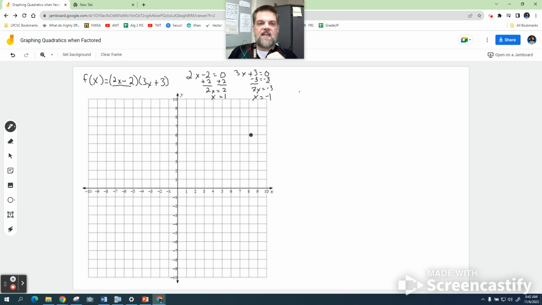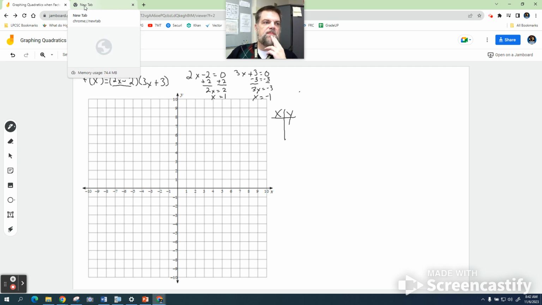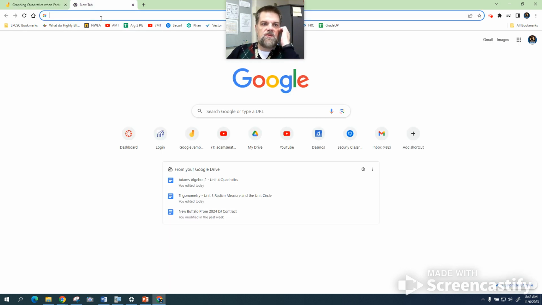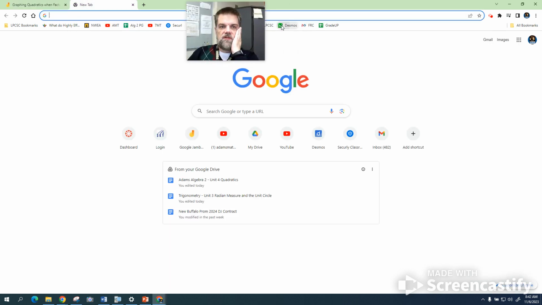Now I think what we're going to do also is we're going to say x comma y, and we're going to plot some points. So the first thing I want to do before I start plotting all these points is let's open up a tab on our Chromebooks in Desmos. Okay.